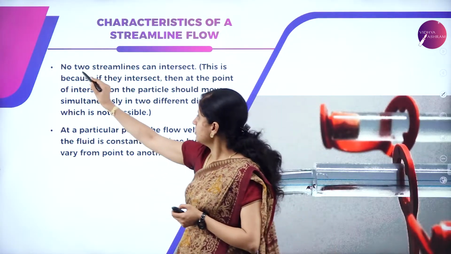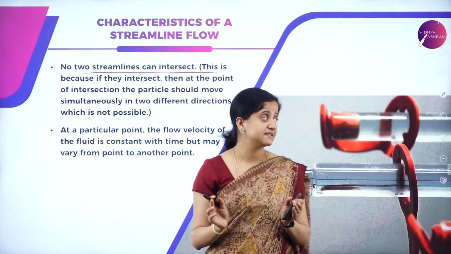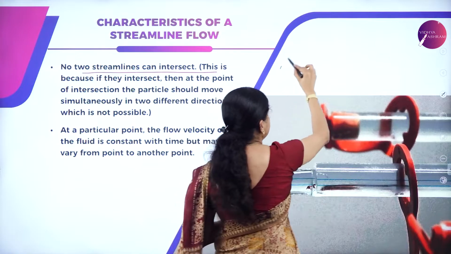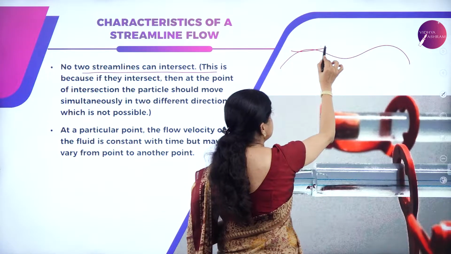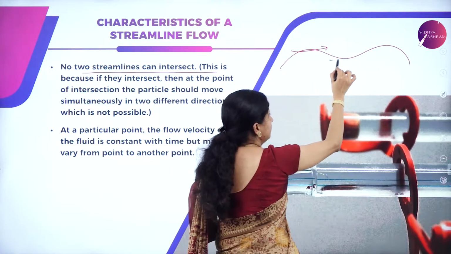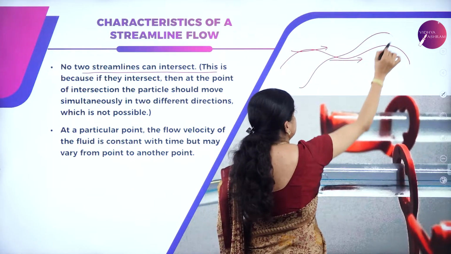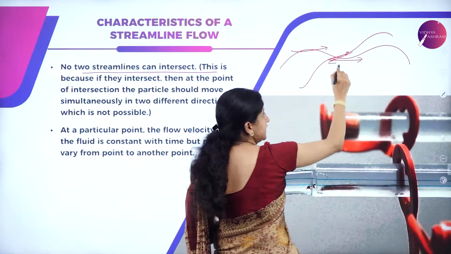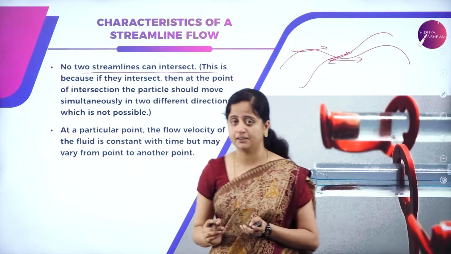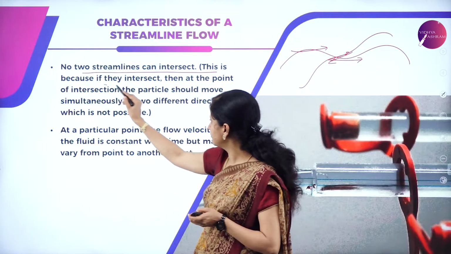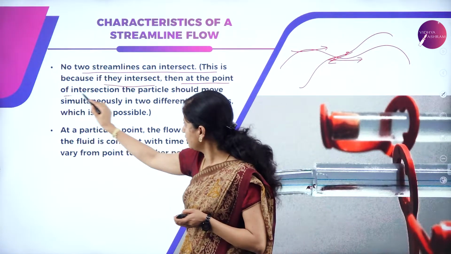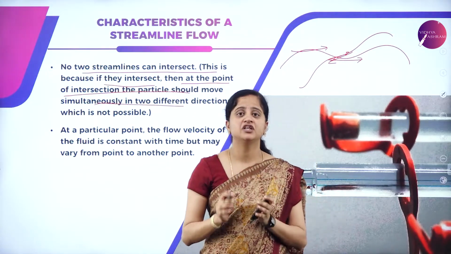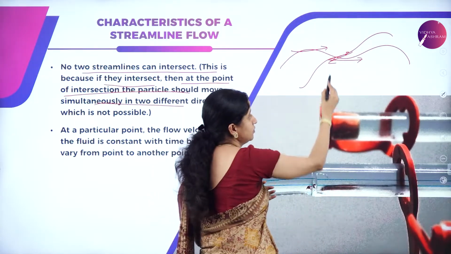And next, no two streamlines can intersect. Why can no two streamlines intersect? We know that if I write a tangent here, it gives the velocity of the fluid flow at this point. If they intersect like this, which means here also I can write a tangent, and here also in this direction I can write a tangent, which is practically impossible. This is because if they intersect, then at the point of intersection the particle should simultaneously have moved in two different directions, as I have shown here.